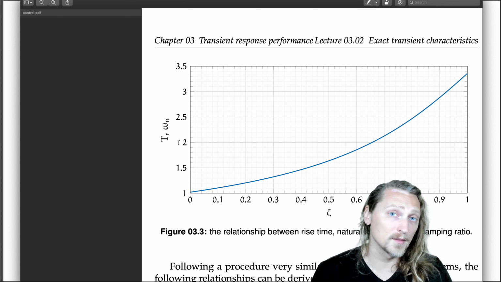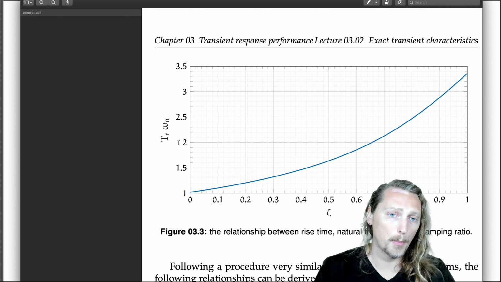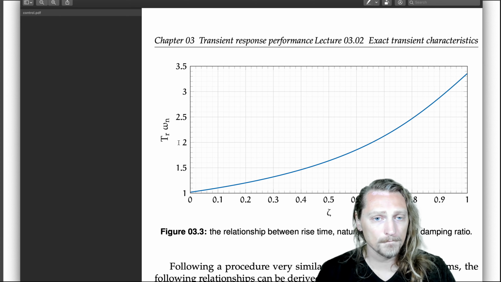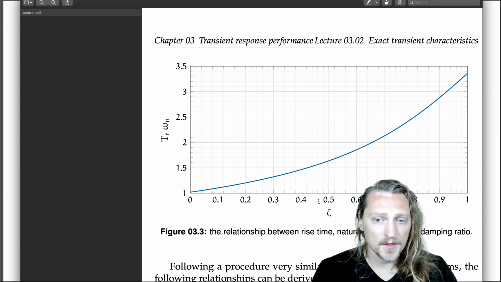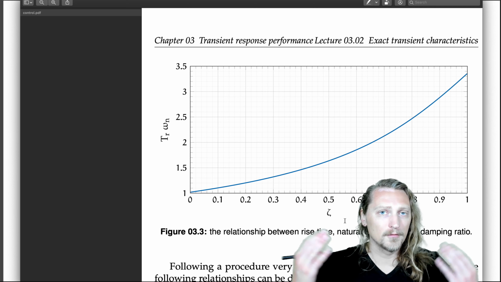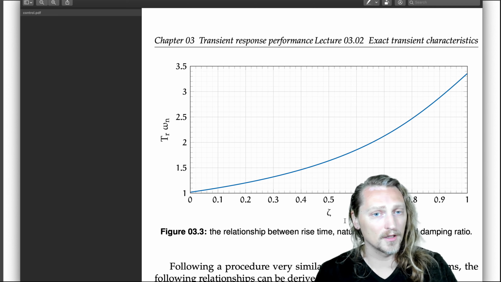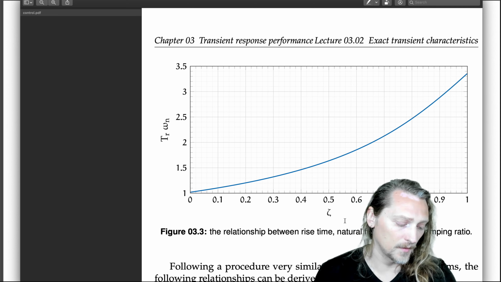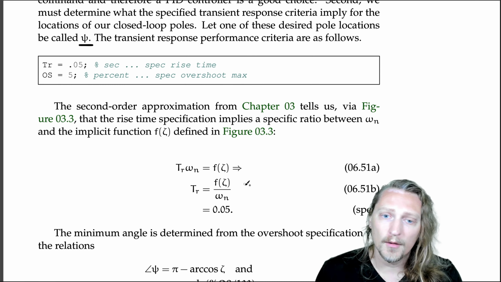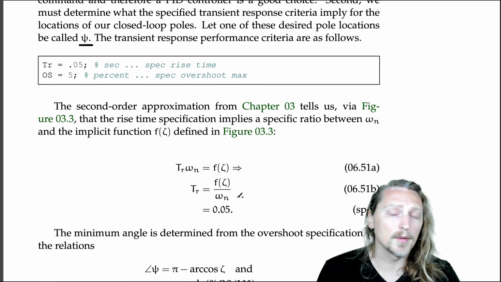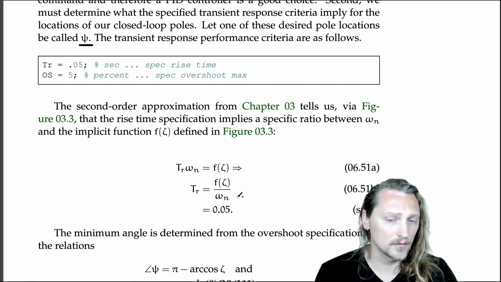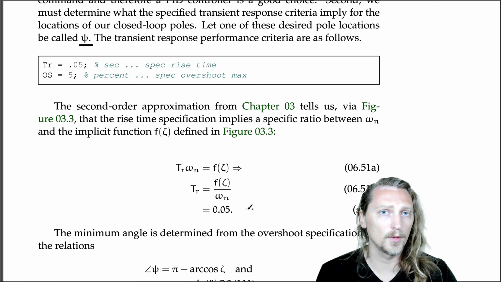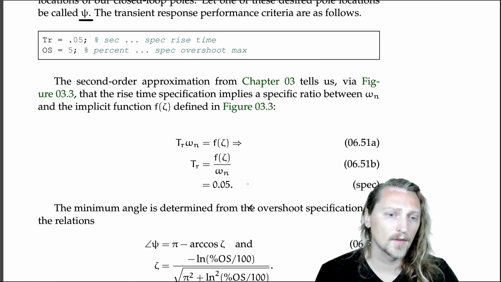It was always an approximation because we even had a 0 in the plant transfer function. So the natural frequency and damping ratio via the second order approximation are related in this figure. So we'll use this in a moment. But we don't have the natural frequency or the damping ratio at this point, so we just have this relationship that we aren't using quite yet.